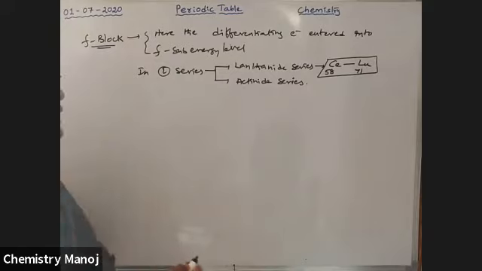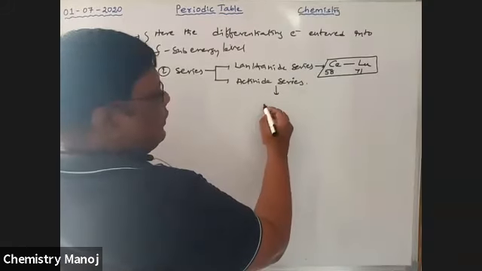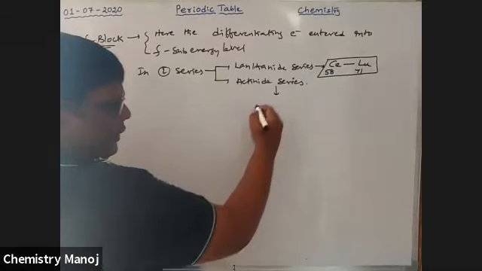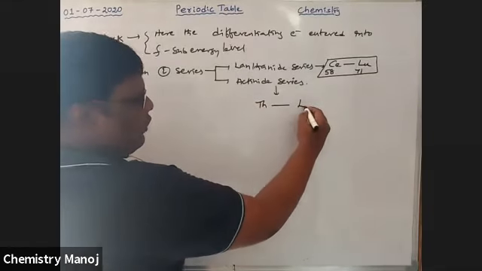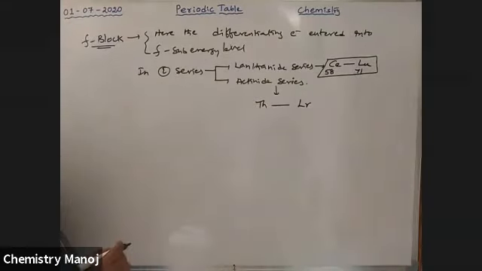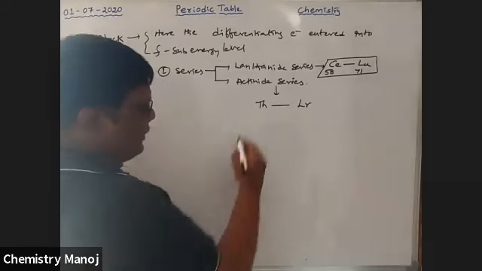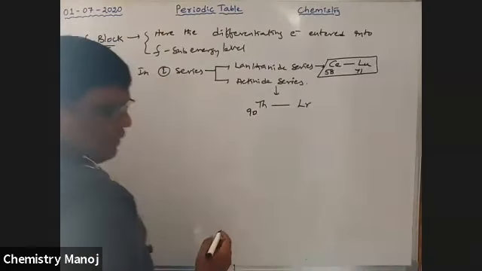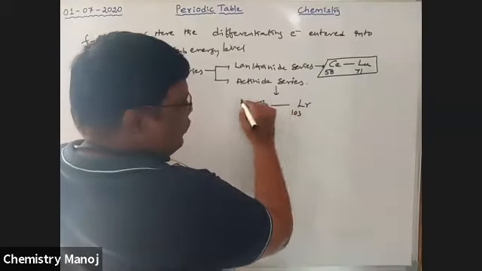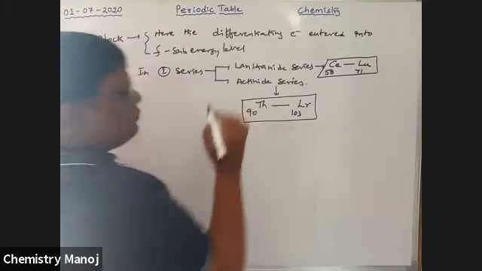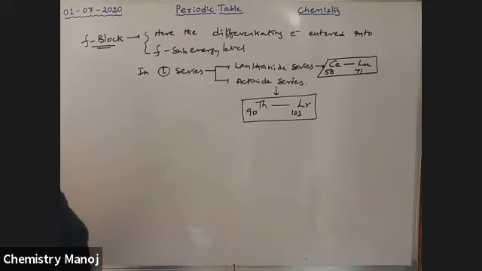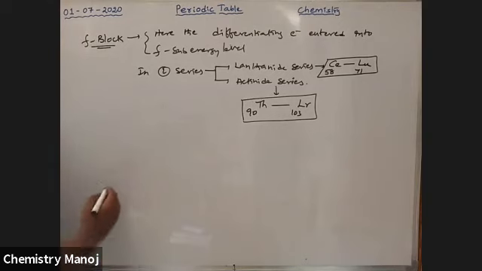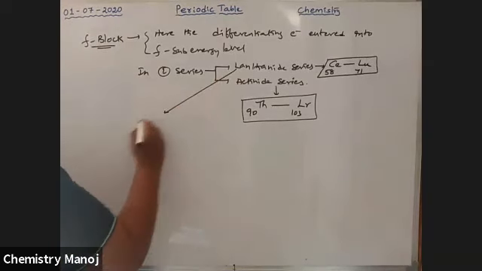Next, the actinide series, which goes from thorium to lawrencium. Thorium's atomic number is 90 and lawrencium's is 103. Total 14 elements are there.